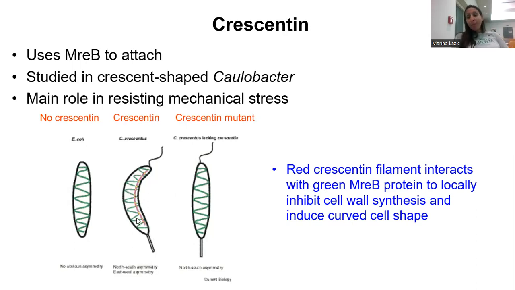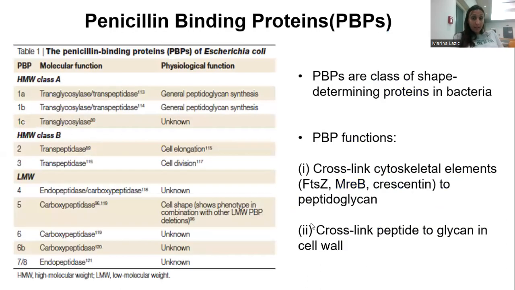Just like intermediate filaments connect actins and tubulins, the same is true here. FtsZ and MreB are analogs to cytoskeletal proteins, and crescentin is connecting them. It has a high role in mechanical stress. Crescentin filament interacts with the MreB protein to locally inhibit cell wall synthesis and induce the curved cell shape. This is what gives cell shape to Caulobacter.